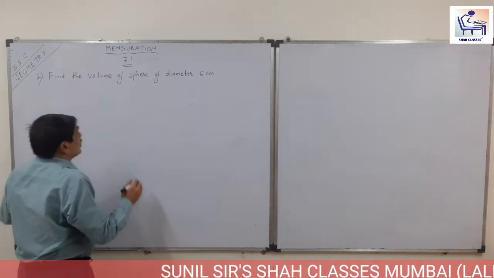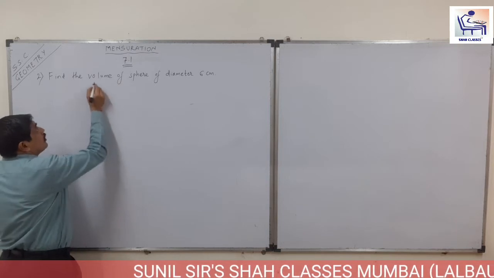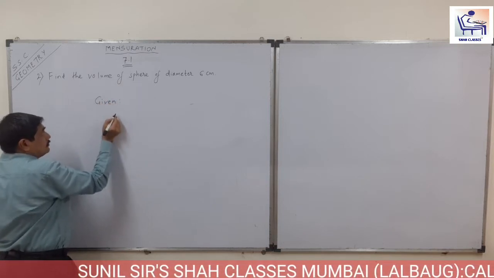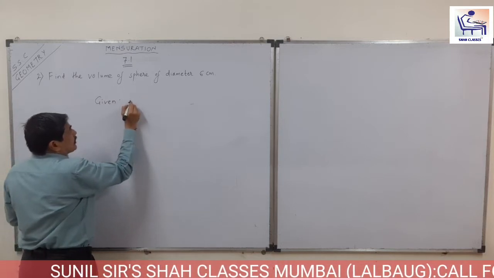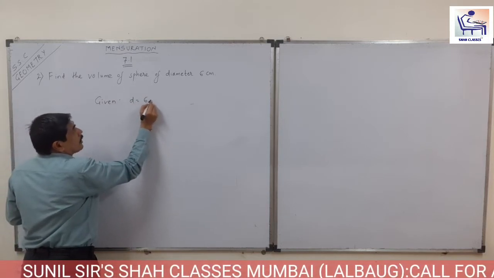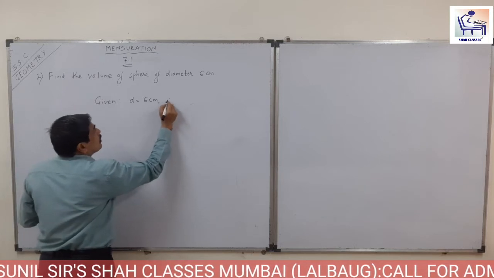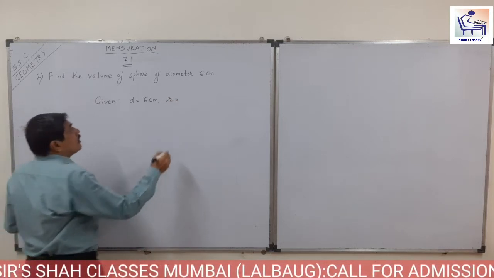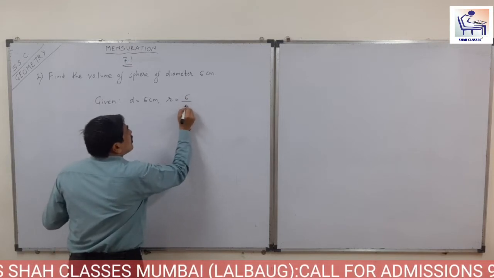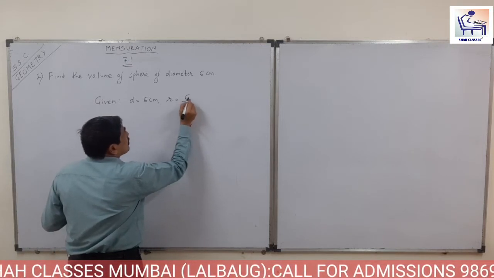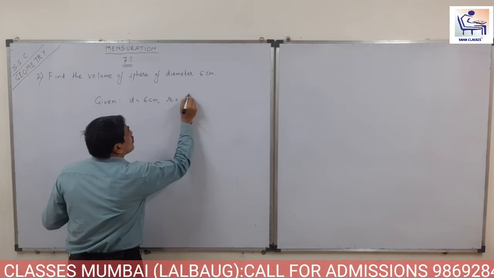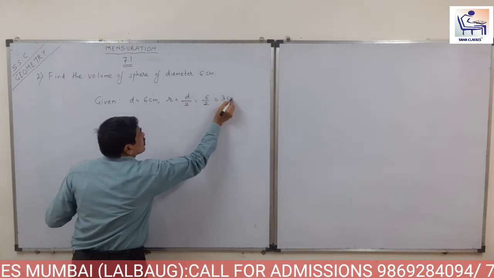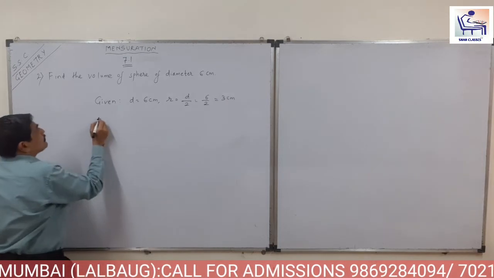Once again, it is given, and we have to find out the volume of a sphere. What is given? Diameter is given, 6 centimeter. From that diameter we can easily get the radius. Radius is half of the diameter, so 6 upon 2 is equal to 3 centimeter.